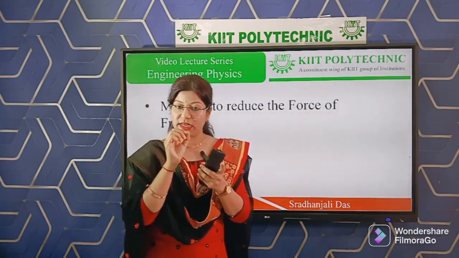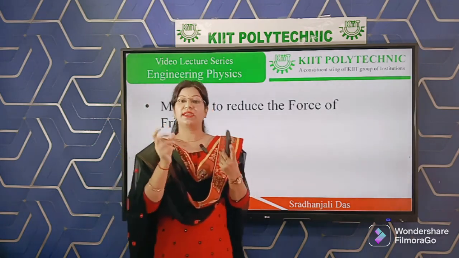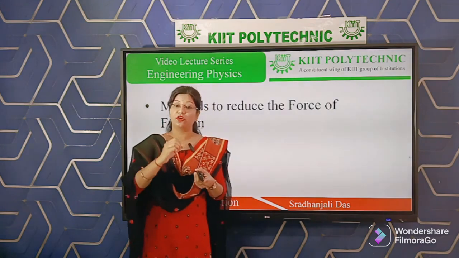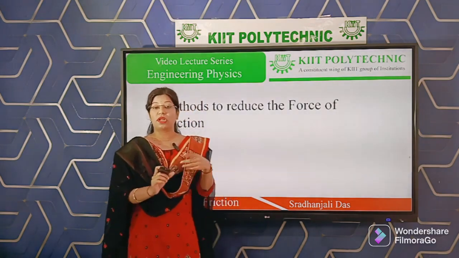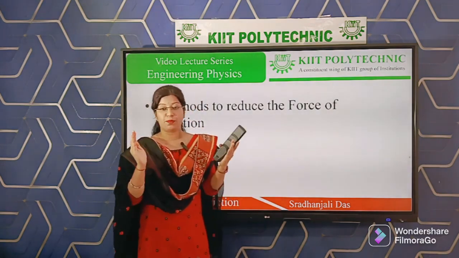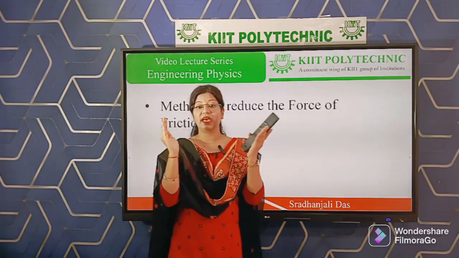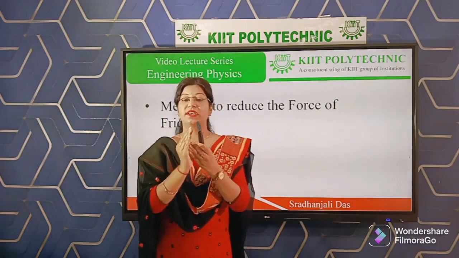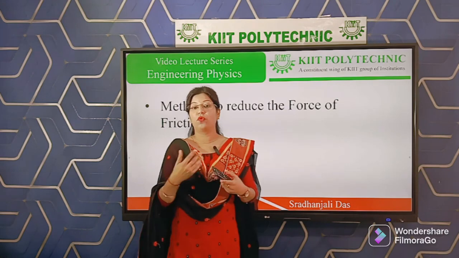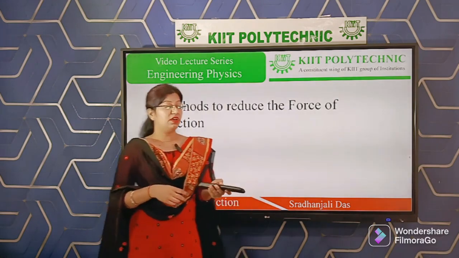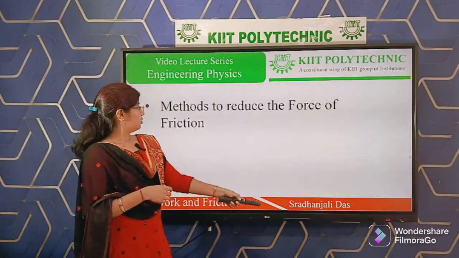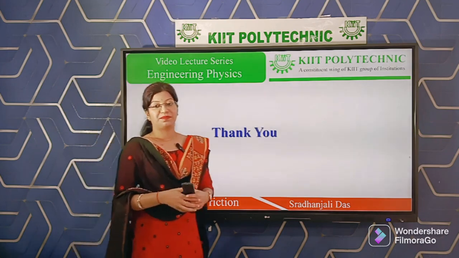Since it is pointed, we can hold the pen easily and write smoothly. This is known as streamlining. And the shape of a jet or aeroplane is also streamlined, that means pointed, because it also reduces the force of friction. So these are the methods to reduce the force of friction.